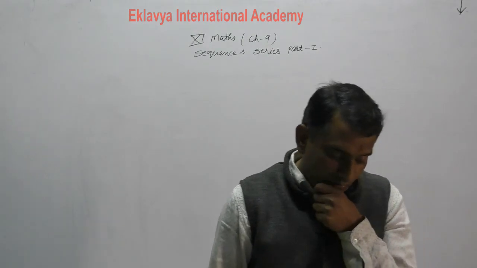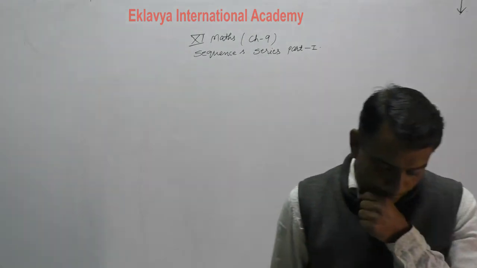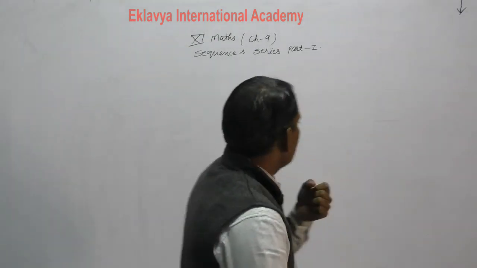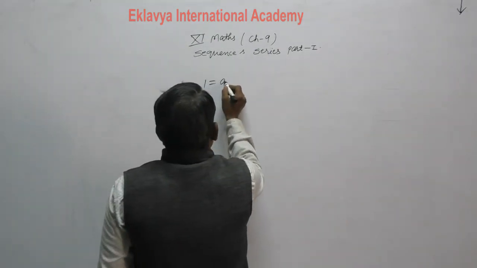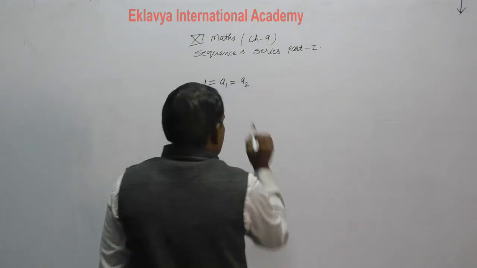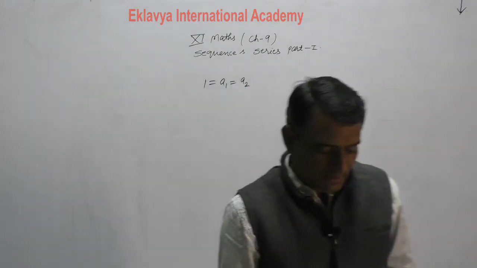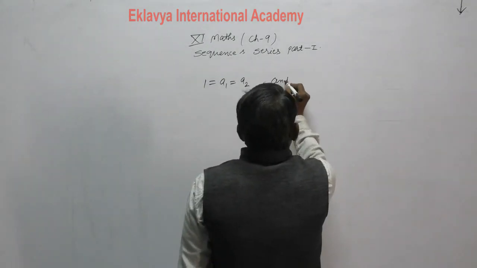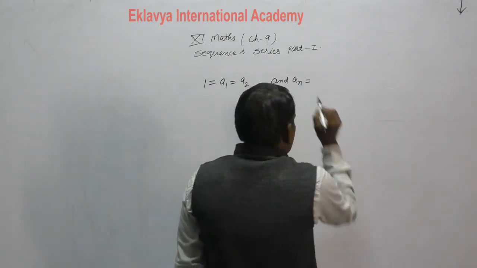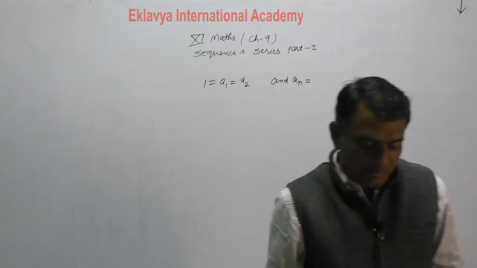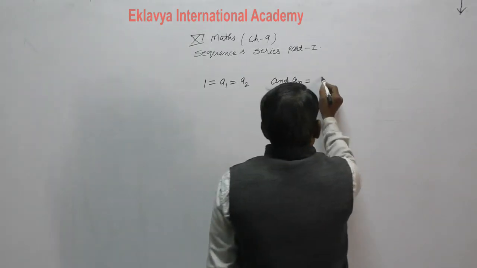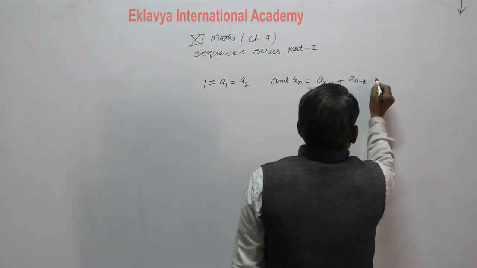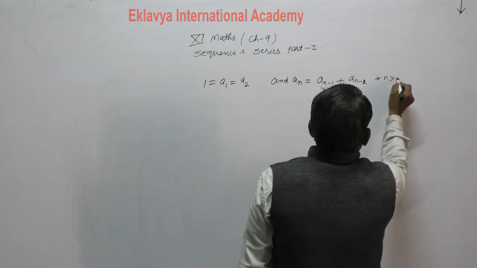Now the question number 14 is given there. The Fibonacci sequence is defined by a1 equal to a2 equal to 1, and an is described by an minus 1 plus an minus 2 for every n greater than 2.